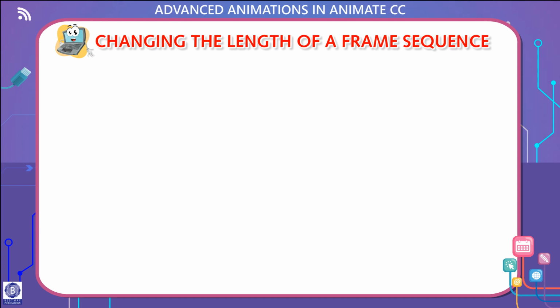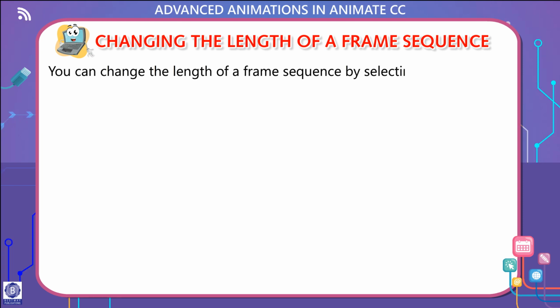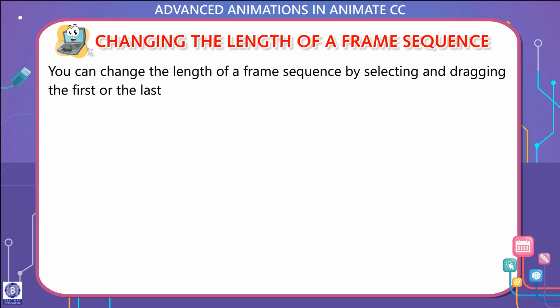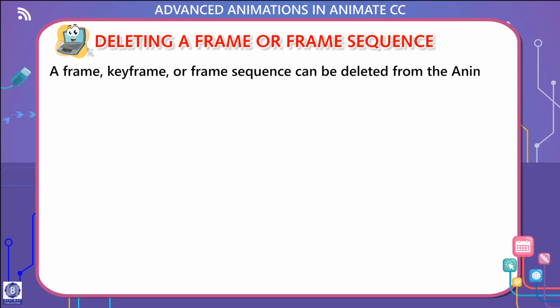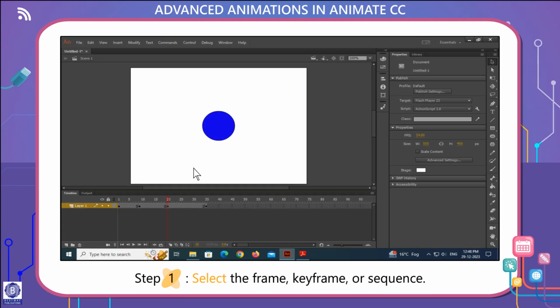Changing the length of a frame sequence. You can change the length of a frame sequence by selecting and dragging the first or the last frame of the sequence on the timeline. Deleting a frame or frame sequence. A frame, keyframe, or frame sequence can be deleted from the Animate CC window using the following steps. Step 1.